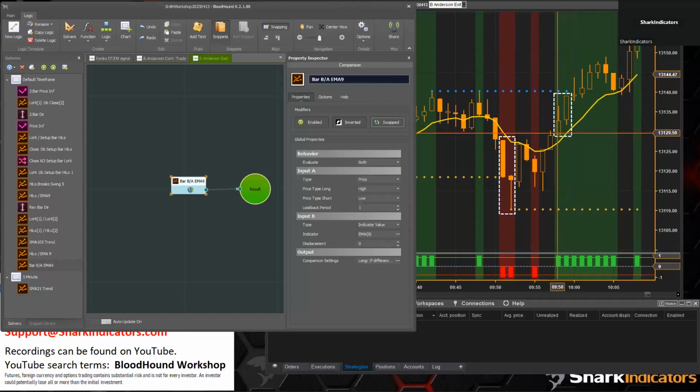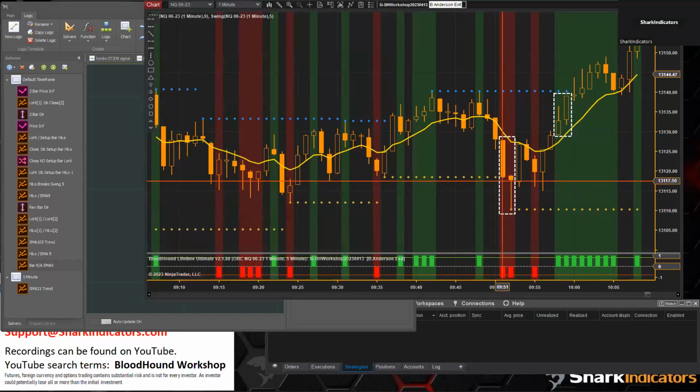So when the bars are completely above, we have a long output only. And so in order to exit a possible short trade, when the bars are completely above, we want a long output to exit a short trade. So there we go. So invert and swap our comparison solver, and that is our exit signals.